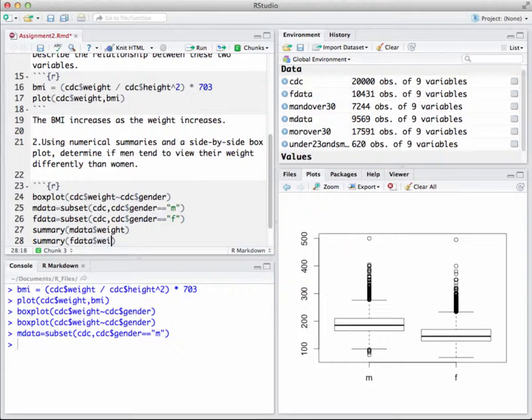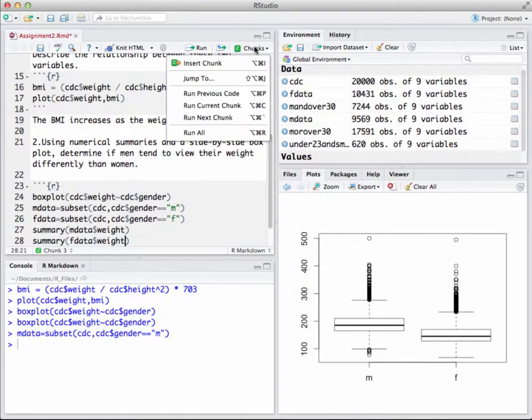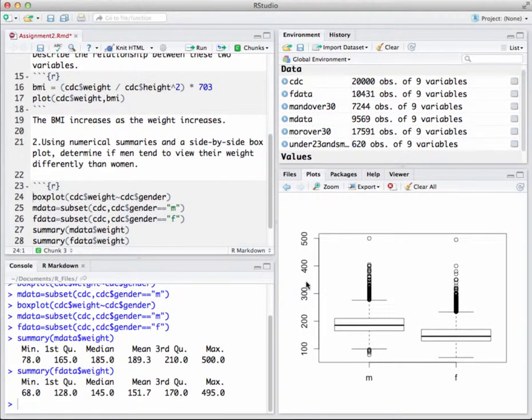So this is looking at just a single variable. We're looking at just the variable with the weights out of the men's data frame and the variable for the weights out of the female's data frame. Okay, and so if I run that current chunk, I get our box and whisker plots, and I get the summaries for the men's data and the women's data. So we see that the men, on average, if we use the mean here, is about 189 pounds, and for the women it's about 151 pounds.